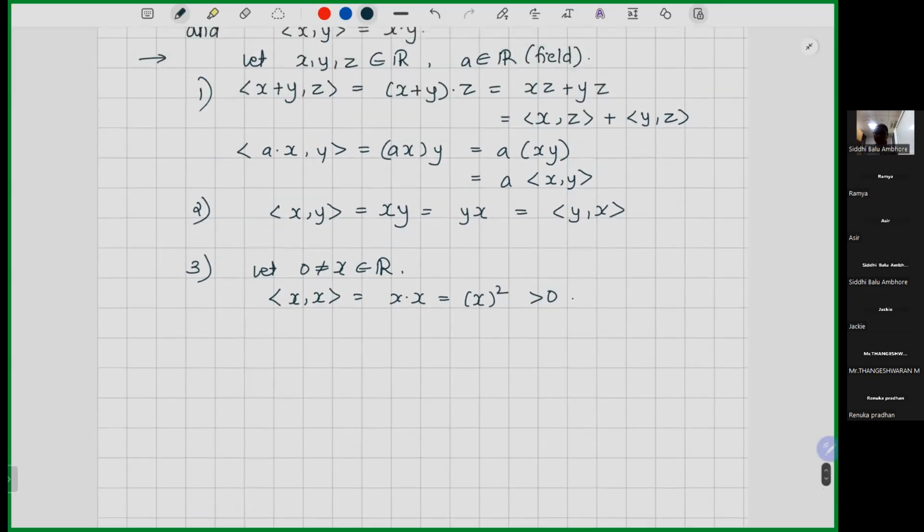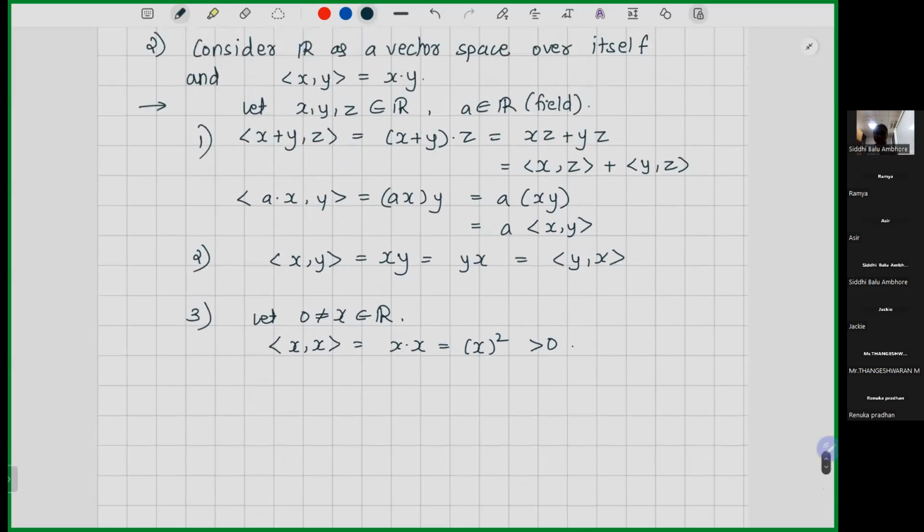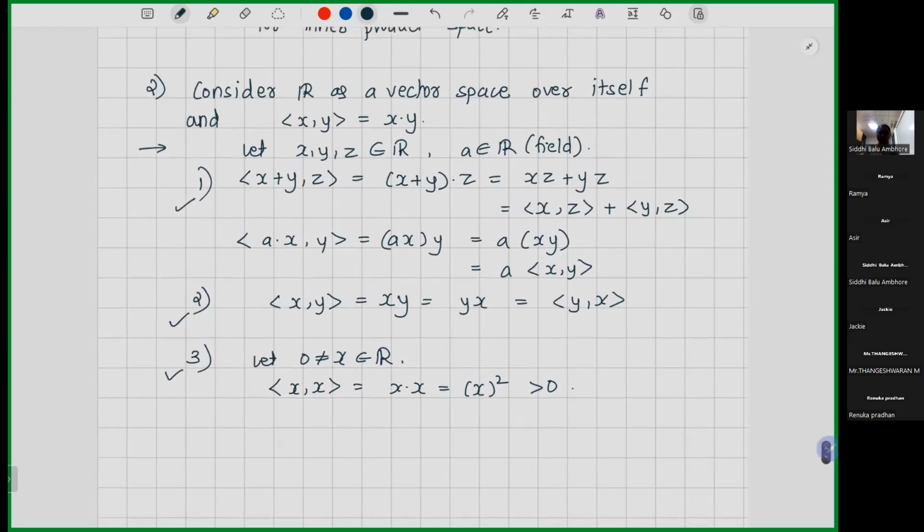So it satisfies all three conditions: linearity, conjugate symmetry, and positivity. Conjugate symmetry is just symmetry here because we are over R. So that's why this forms an inner product space.